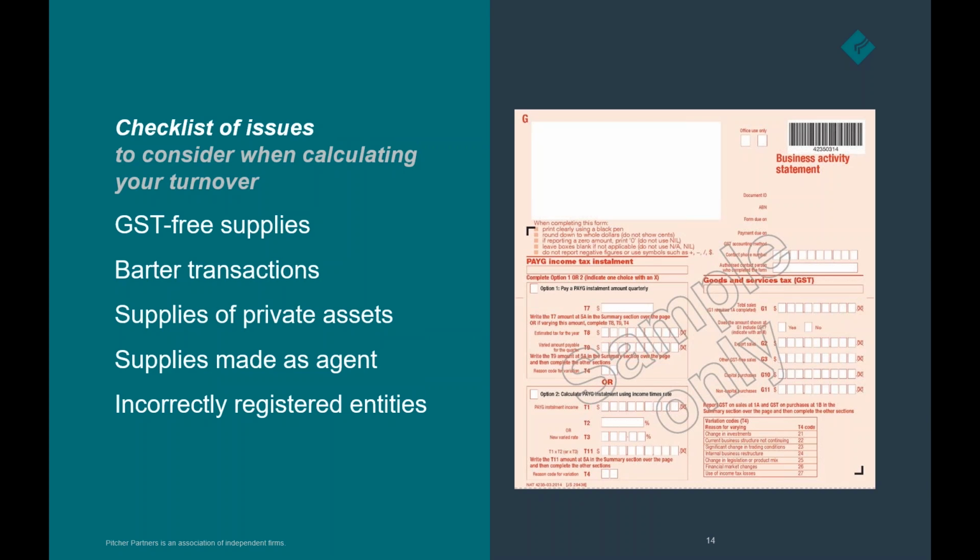That is something that you will need to consider if you fit within any of those entities, because a starting point of these rules assumes that you have actually got the correct entity registered for GST purposes. And if you haven't, then it's going to be very difficult for that entity to actually satisfy the relevant tests in the legislation.